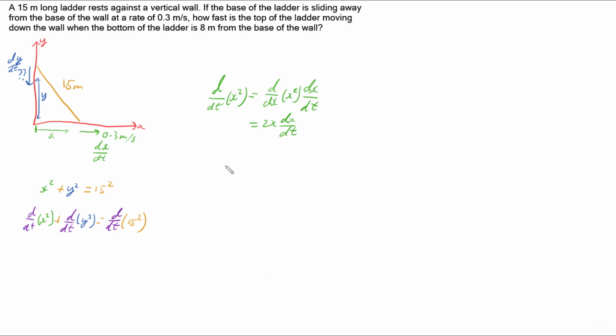If I look at d/dt of y squared, we can do the same. I'm going to have d/dy of y squared times dy/dt, and d/dy of y squared is going to be 2y, and I'm going to be left with dy/dt.